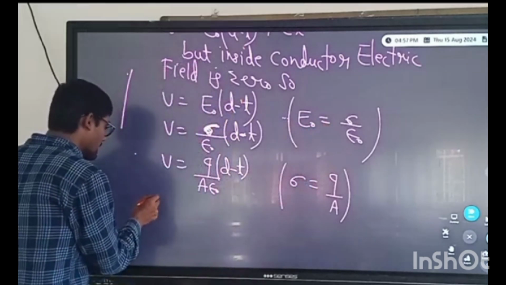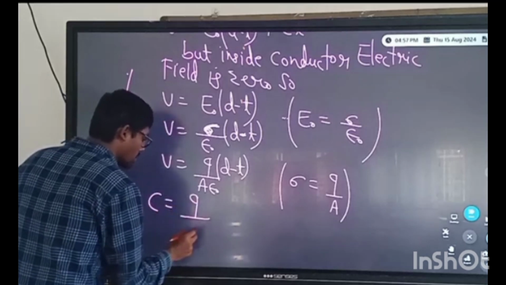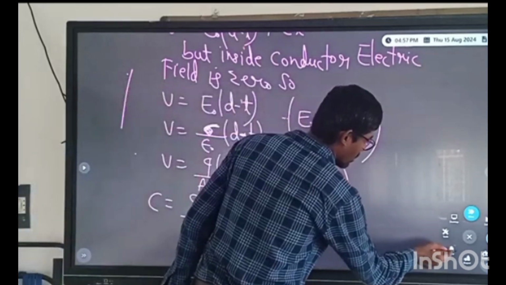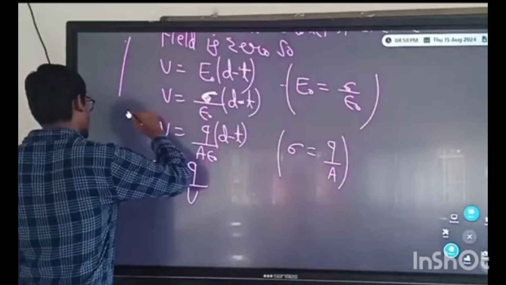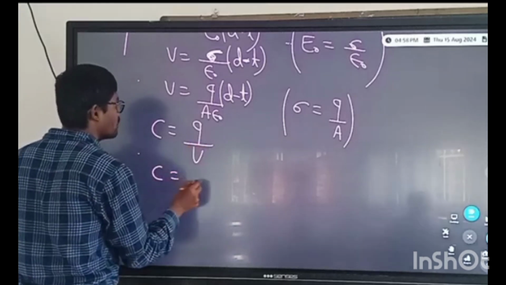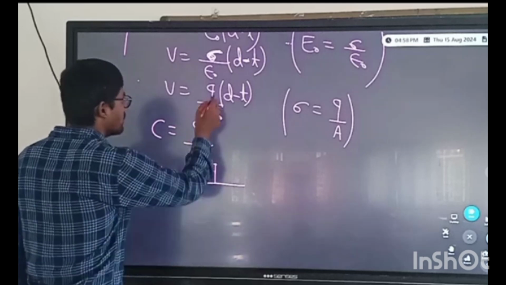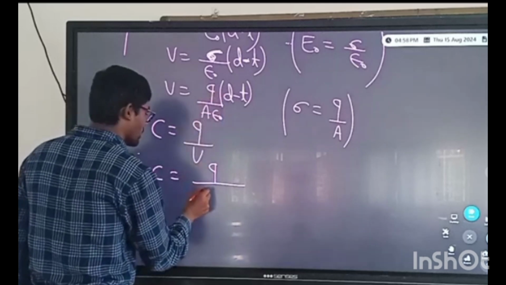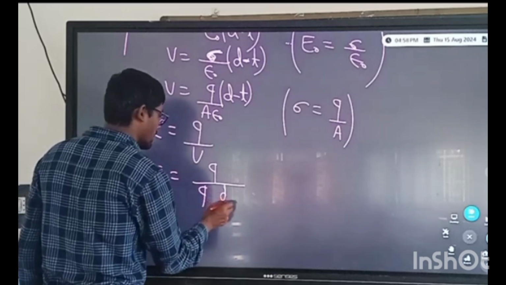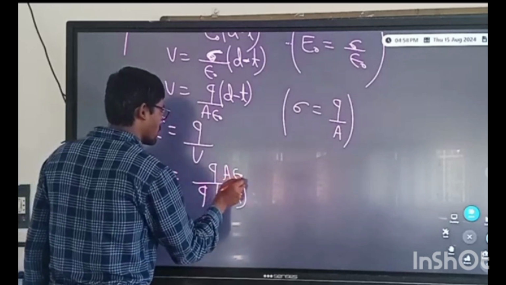Now C is equal to what? Capacitance is charge by potential, so C is equal to Q divided by V. We put the value of V here: Q (d minus t) by A epsilon naught.